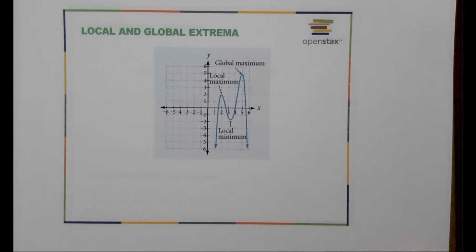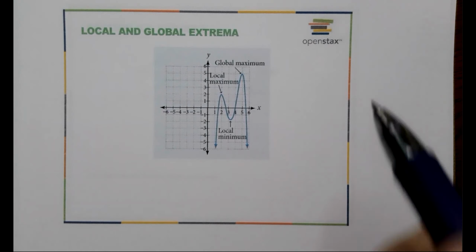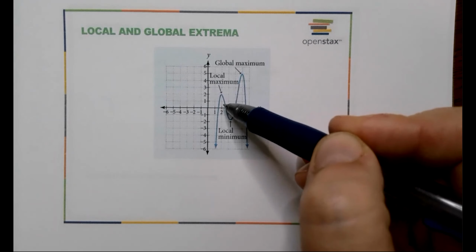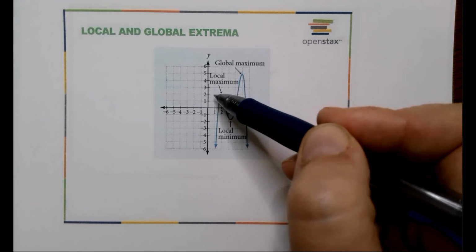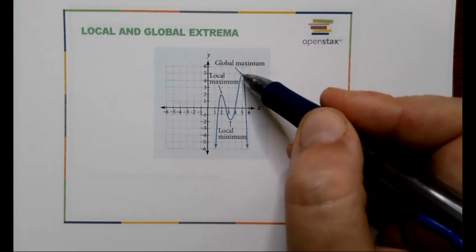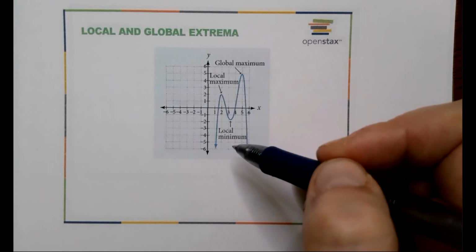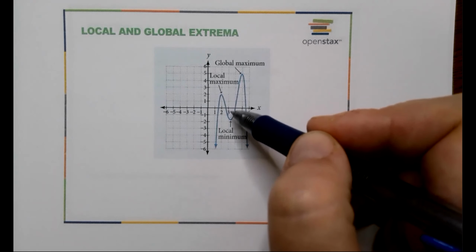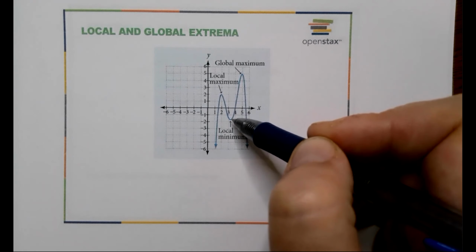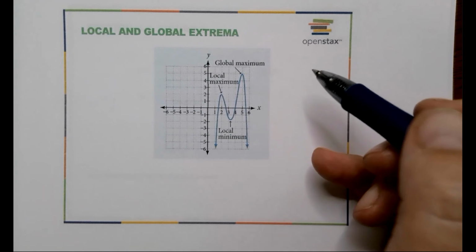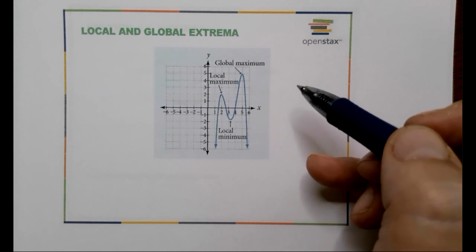So here's an example of a function, and this function has two local maximums, right? One at x equals 2, where the maximum is 2, and another one at x equals 5, where the maximum is 5. And it also has a local minimum at about x equals 3 point something, and the minimum is about negative 1.75.